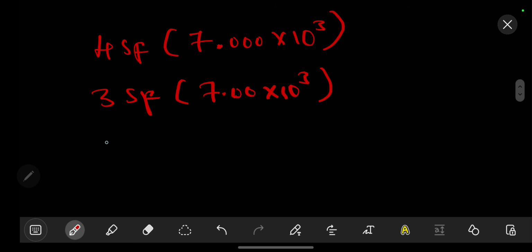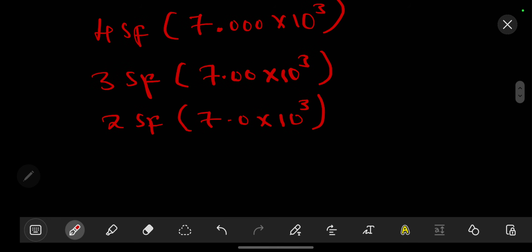The other outcome would be 2 significant figures for our 7.0 times 10 to the power of 3, like that. Likewise, we are going to have 1 significant figure if we just say 7 times 10 to the power of 3.